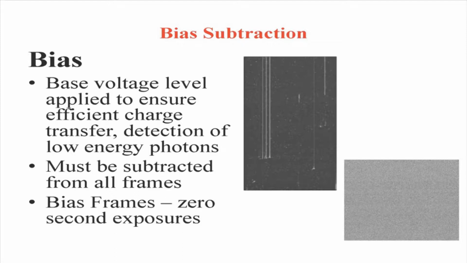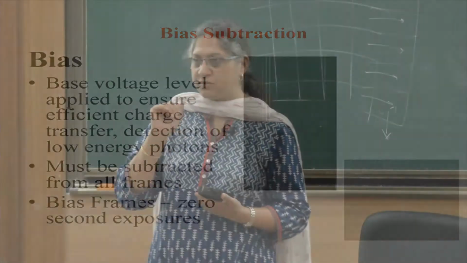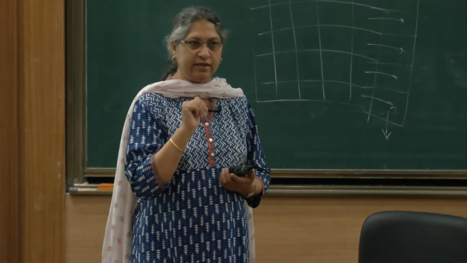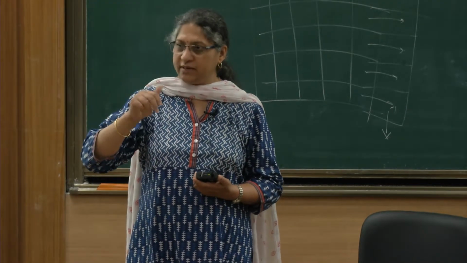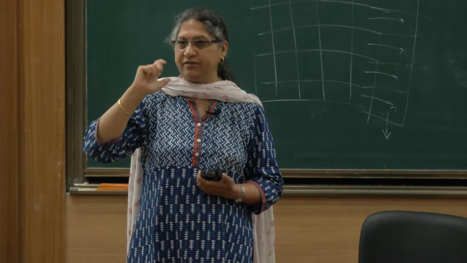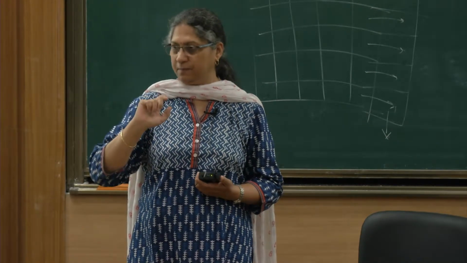But one needs to be very careful, and actually the bias level is determined by the gain. So you need to be very careful also that you do not have an extremely high gain. If you do that, you will be reducing the dynamic range of the detector.